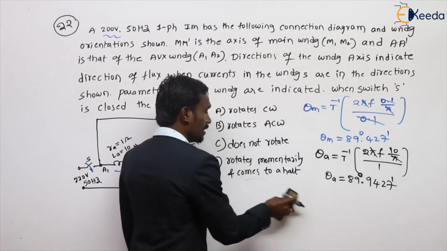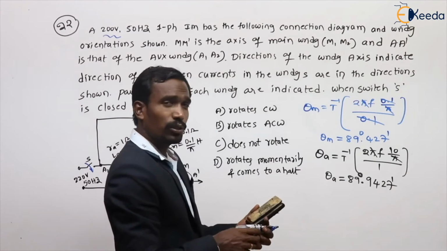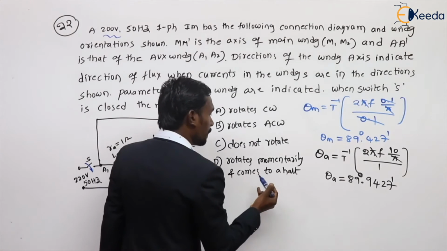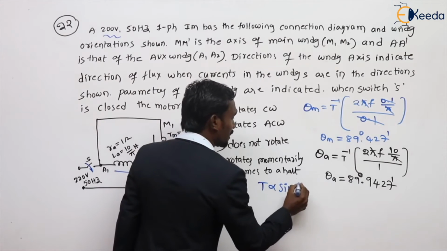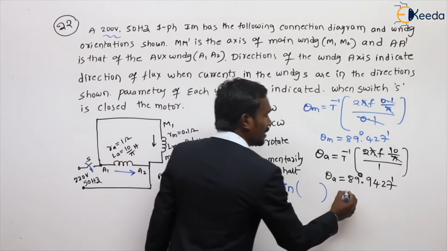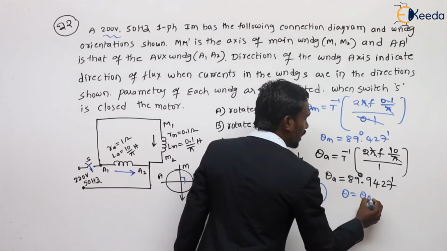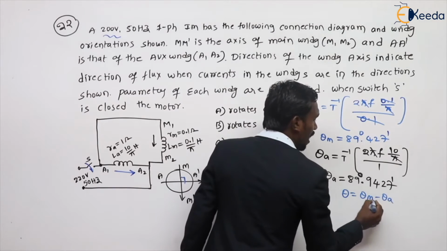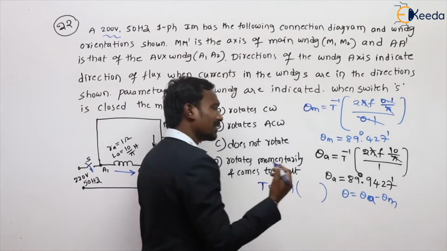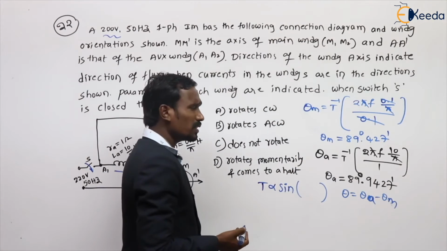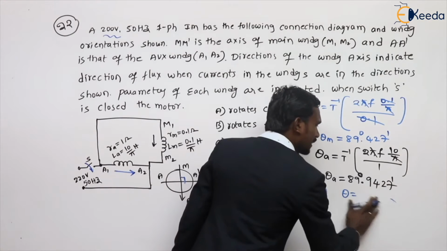Let's check again. I said the torque is directly proportional to sine theta. What is theta? Theta is theta m minus theta a or theta a minus theta m. In any way, take the theta. Of course, take minus only.